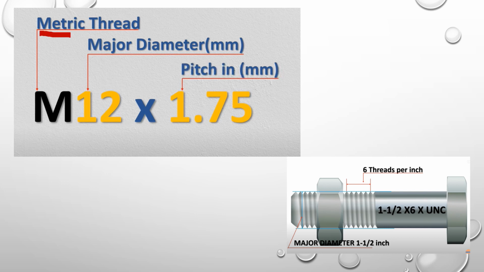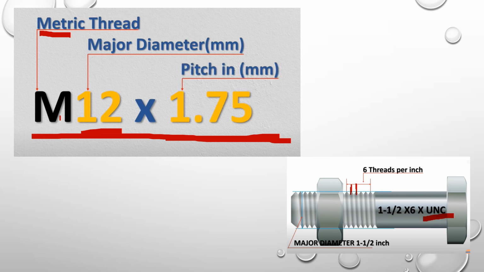M is for metric thread. 12 is the major diameter, that is the outside diameter. And 1.75 is the pitch, the distance from one thread to another, so that is 1.75 mm. So when somebody asks what M12 multiply 1.75 means, you can explain accordingly.